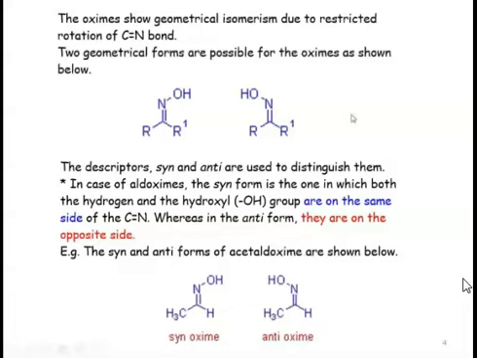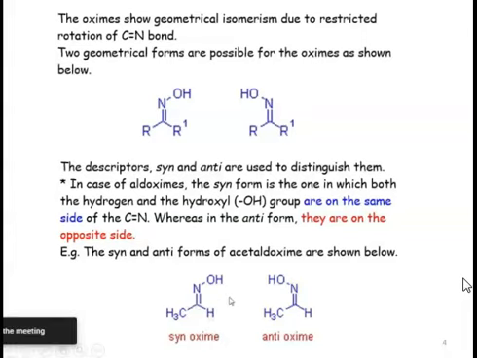Whereas if the hydrogen atom attached to the carbon atom and the hydroxyl group attached to the nitrogen atom lie opposite to each other, we call it anti. Now try to find out whether this configuration represents syn or anti.